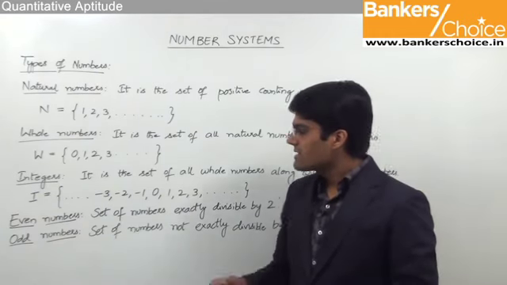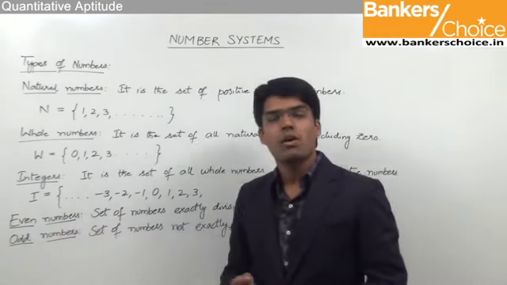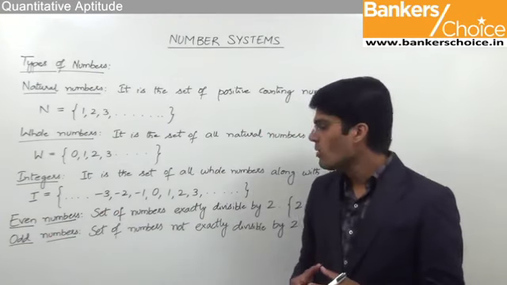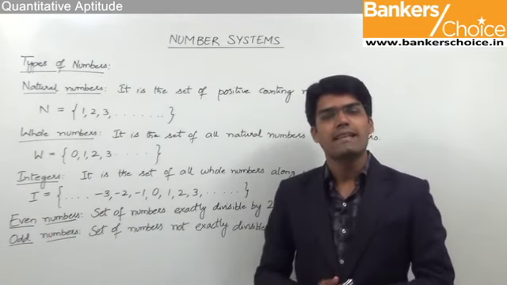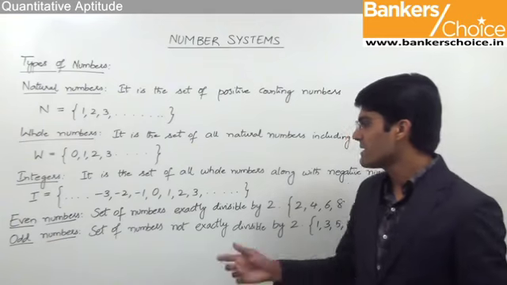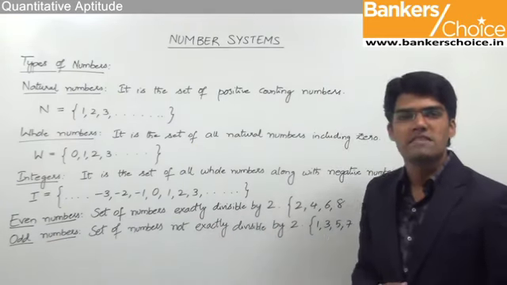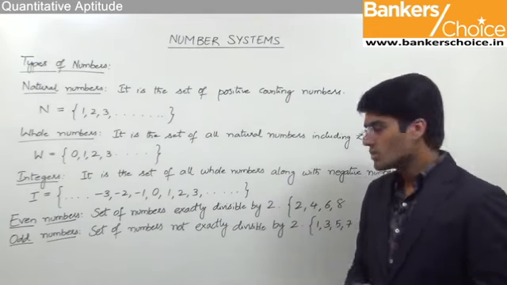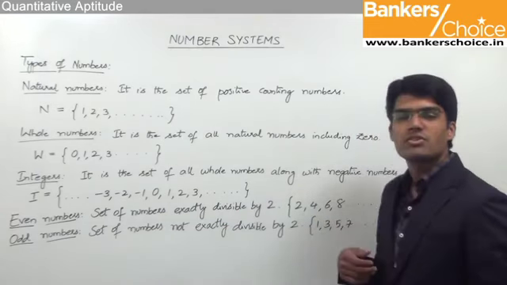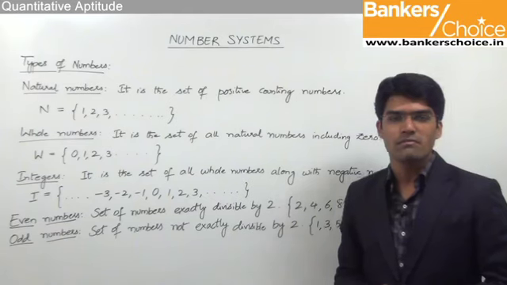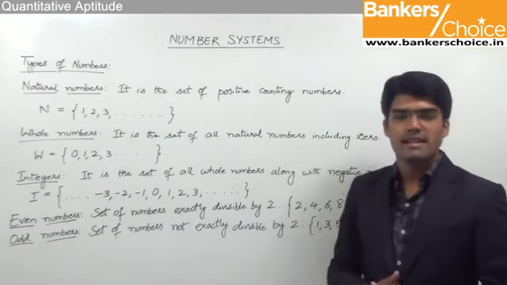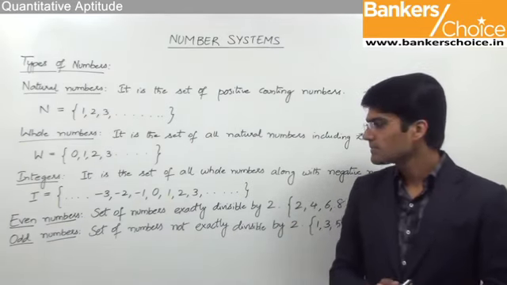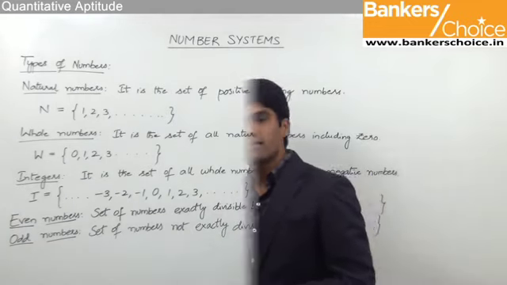Then the next classification here is even numbers and odd numbers. Even numbers, as we know, are those numbers which are exactly divisible by 2. This is a set of numbers that is exactly divisible by 2, or we can say these are the exact multiples of 2. So 2, 4, 6, 8 and so on are examples of even numbers. Why? Because these are the numbers that are exactly divisible by 2. The next one is odd numbers.